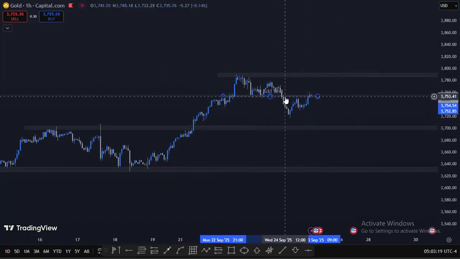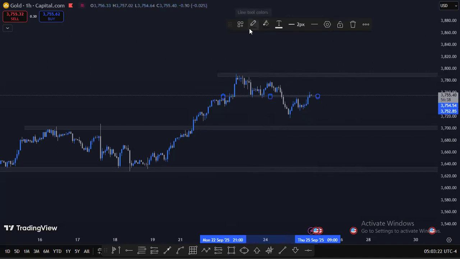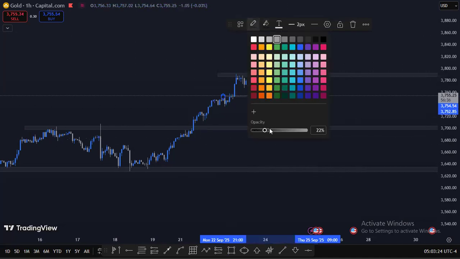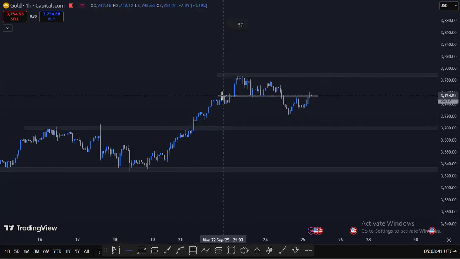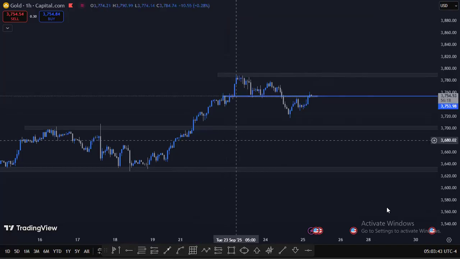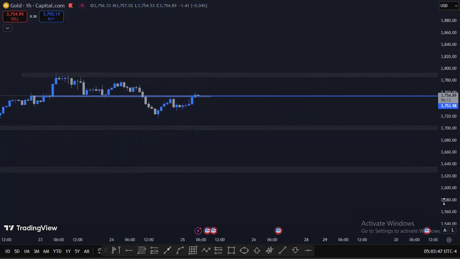I'm not sure if it's clear, but let me make it clear. We have a level here. So all we need to do right now is see how price behaves around this level. Going to zoom in closer there and actually see how price behaves.